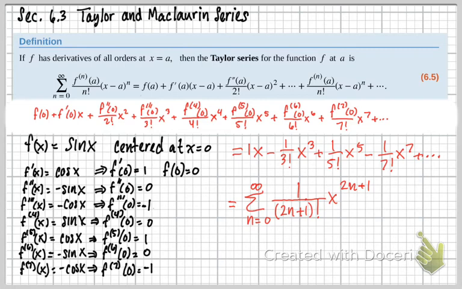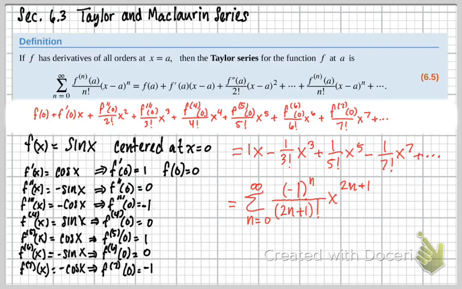When I plug in a 0, I get an x. Plug in a 1, I get x cubed. And I'm missing one component here, so I'm going to write it on the top because I get this alternating sign. First I get a positive, so if I'm doing n equals 0, I can just put negative 1 to the n there. Now that includes everything. So that would actually be the series of the sine of x, and as I keep going all the way out, that's what I'll end up with.